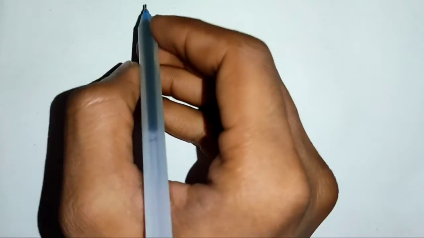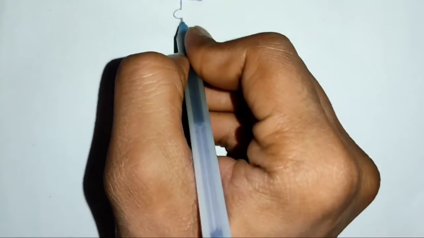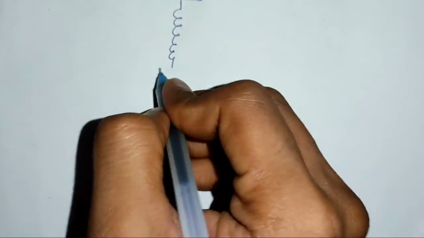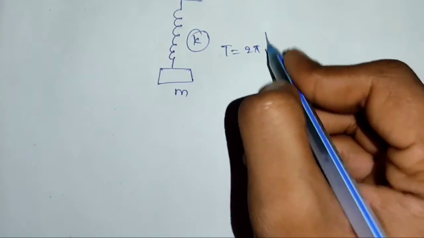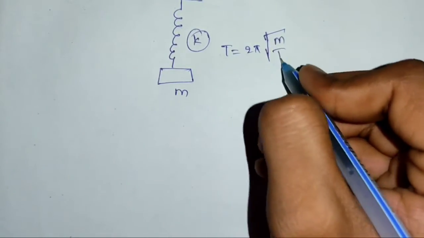Now we will discuss the time period of a spring block pendulum. That is, if a spring is like this and attached to a mass of m and the spring constant is k, here we get time period is equal to 2 pi under root m by k.